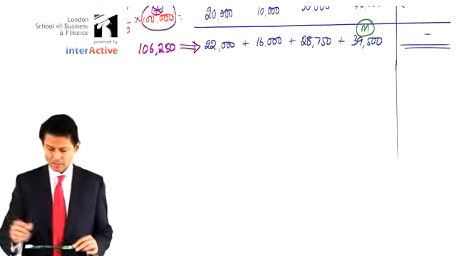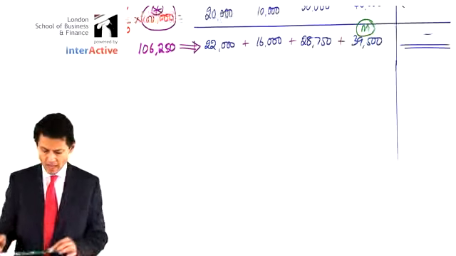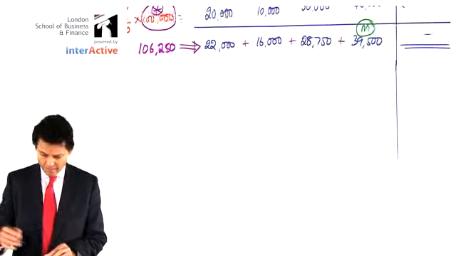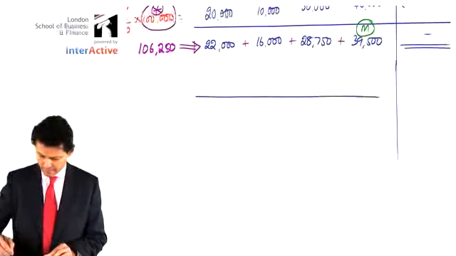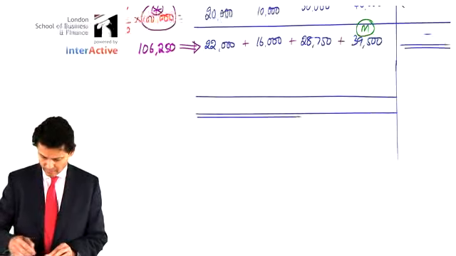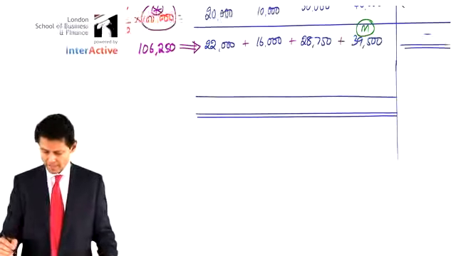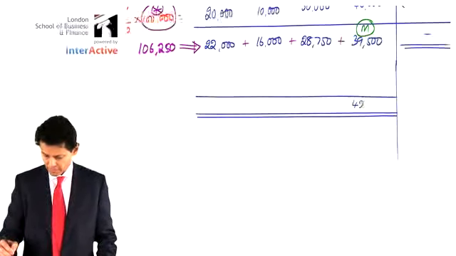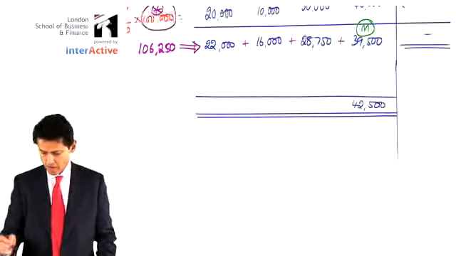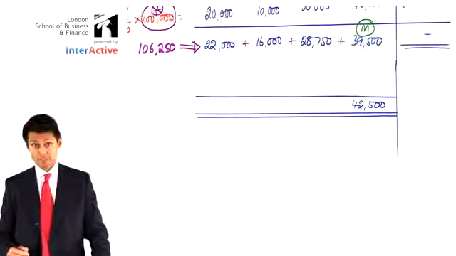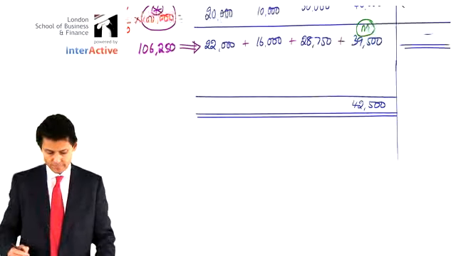So what I think I might do is leave a couple of lines and then rule it off about here and see what comes of it. If I make sure that 42,500 goes to Mark, we are acting, of course, as accountants to this partnership.